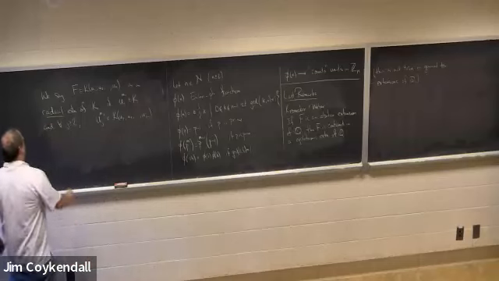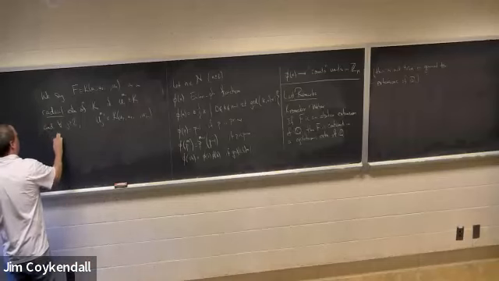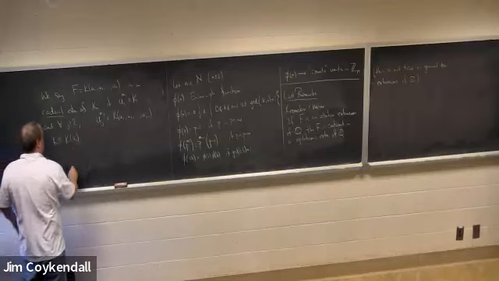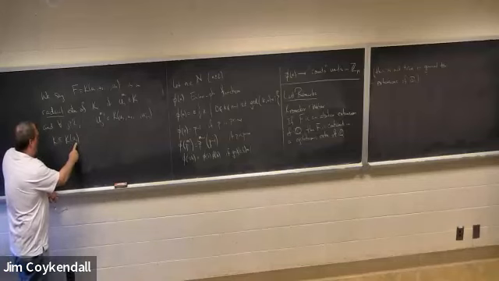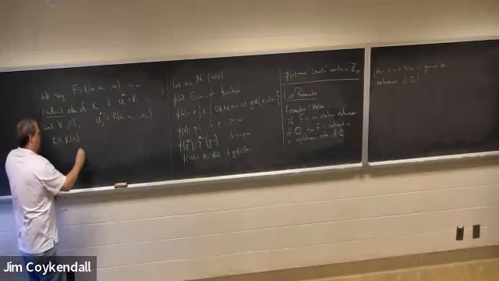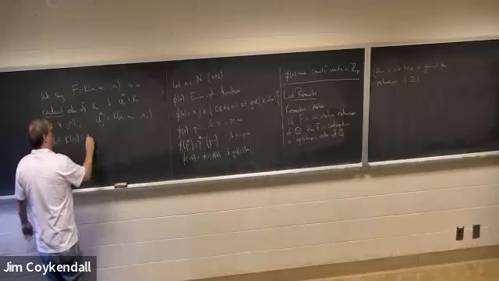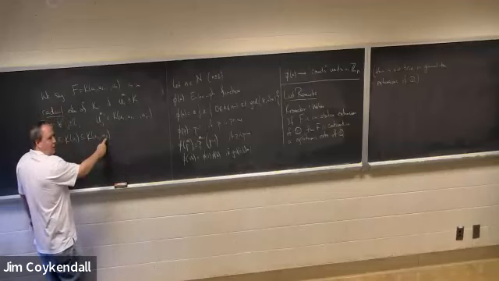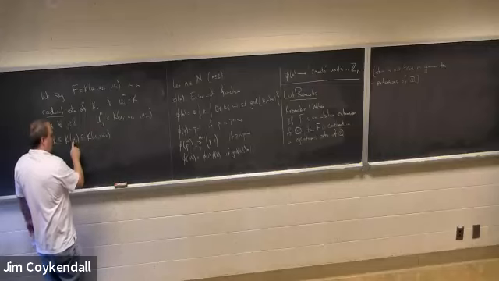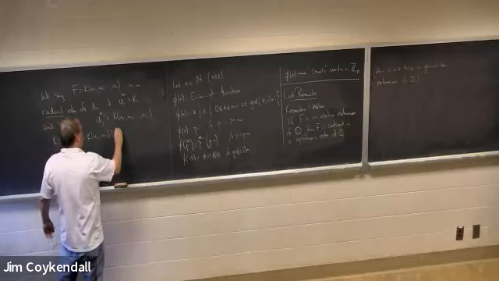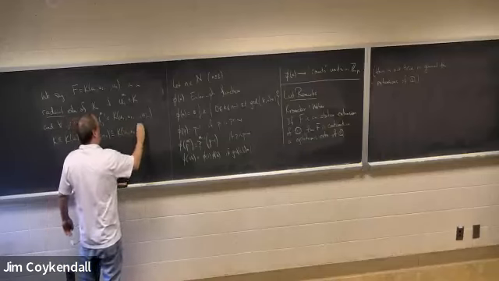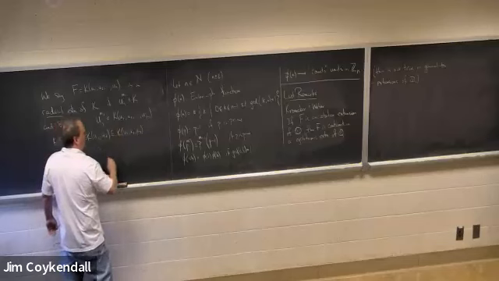So what this means is this is generated over K by u1. Say the m1 power gets you back in here. The m2 power of u2 is in here. The m3 power of u3 is back in here, and so forth.